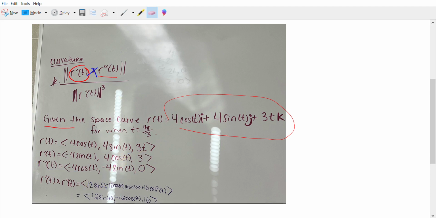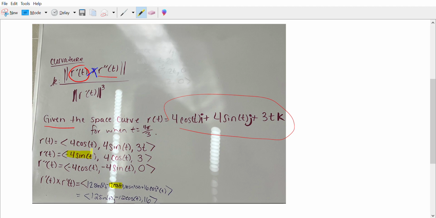Okay, to get your middle term, we look at negative 4 cosine t times 3, which is negative 12 cosine t, minus 0. So there we go.